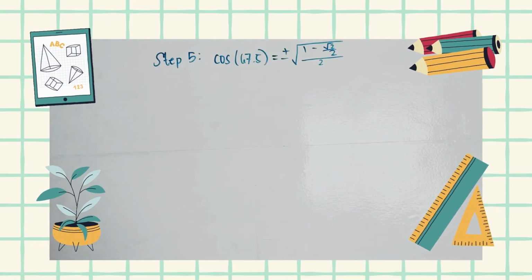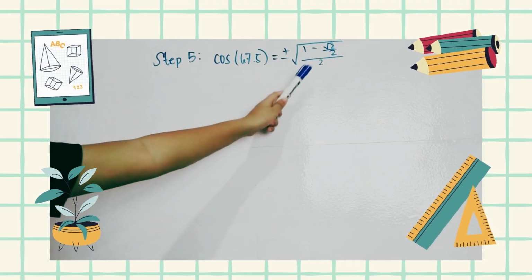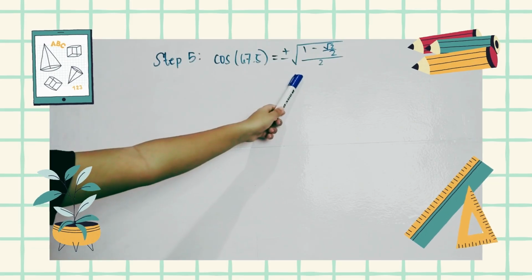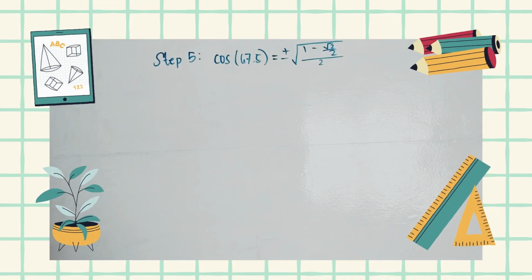Now for step 5, let us combine the terms. To simplify 1 minus square root of 2 over 2, all over 2, write 1 as 2 over 2.